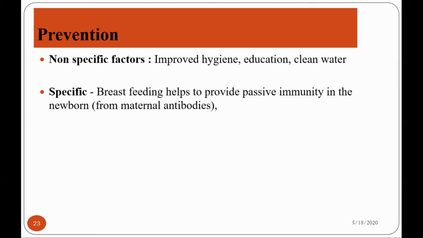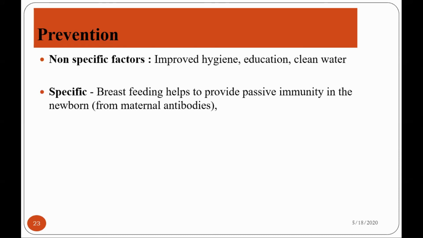In mother's milk, there is also a complex carbohydrate, that is lactadherin. This lactadherin is present along with IgA. It goes to the gastrointestinal tract of infants or newborns and attaches to the small intestine.